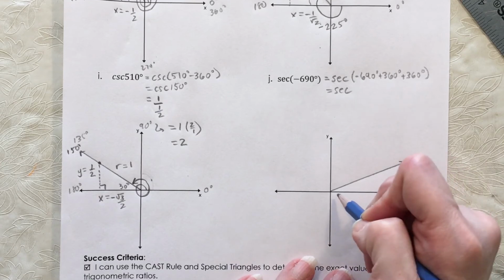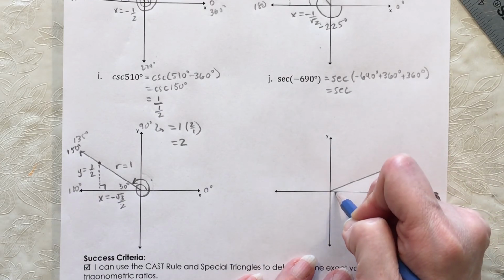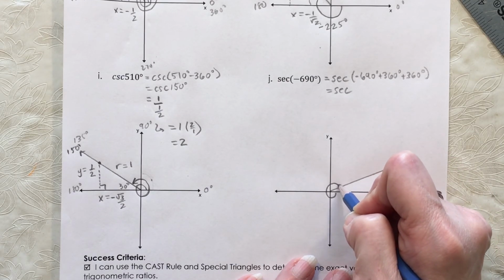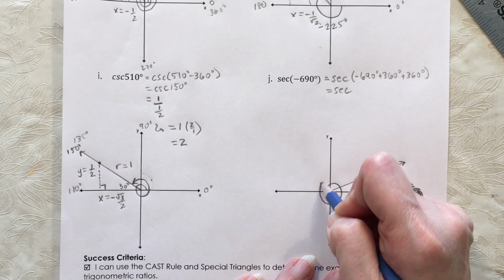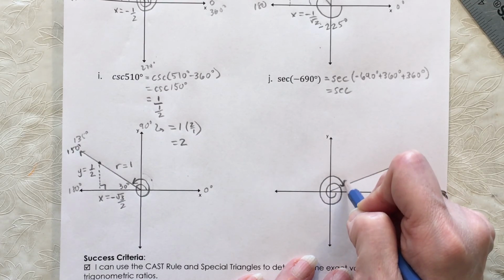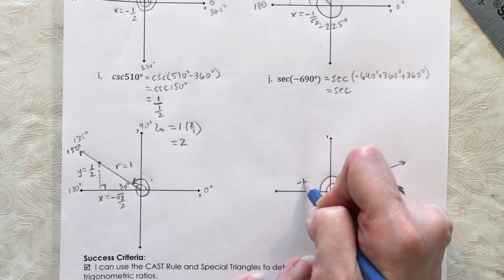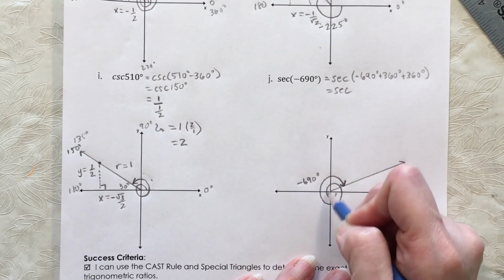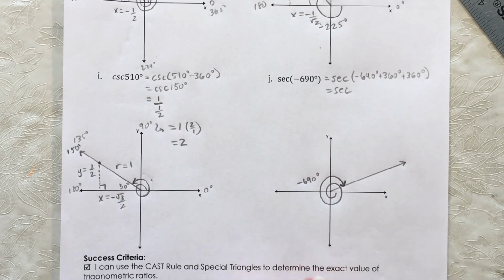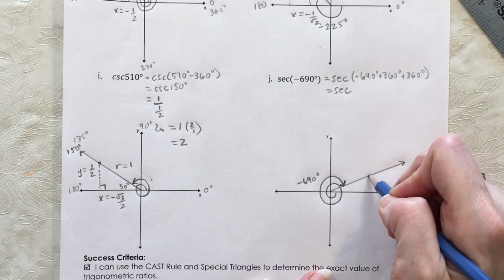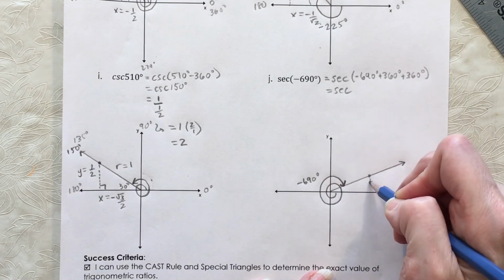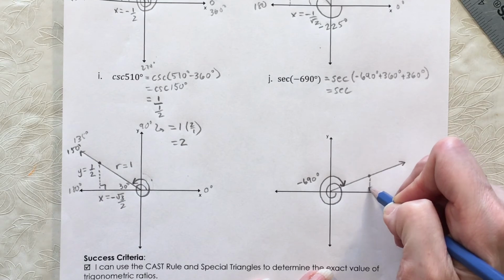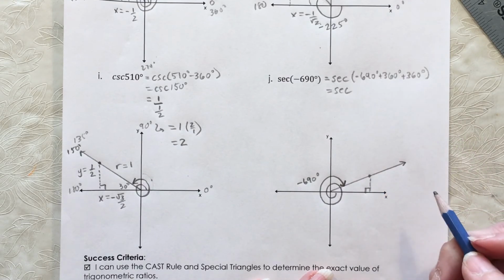So to show negative 690 though, I'm going negative 360 and then all the way back around. So here's negative 690. It's not all the way twice around because that would be negative 720. I draw on my right triangle with the positive x-axis.